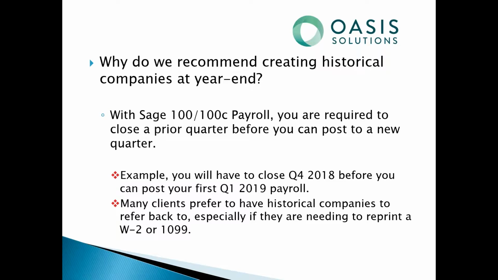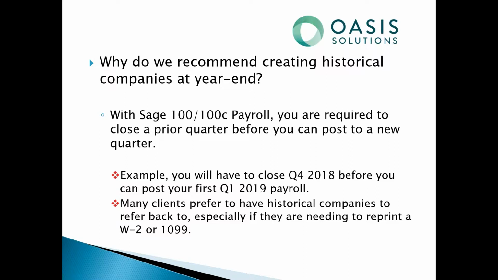Okay, so for those of you that it may be your first year in doing payroll year-end, why do we recommend creating a historical company at the end of the year? Well, as you know, in all versions of Sage prior to 2018, you are required to close the quarter before you can process payroll in the next quarter. So before you can process a payroll in 2019, you have to close the fourth quarter of 2018.